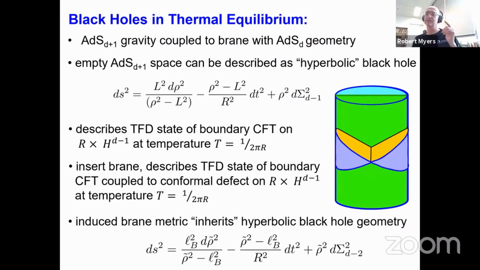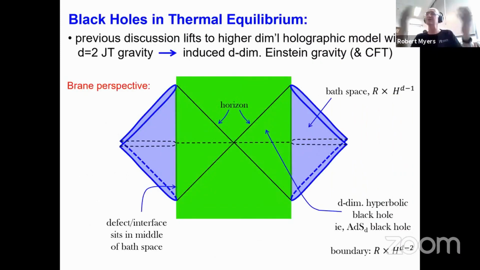Okay. So now we've got a system. It looks perhaps confusing, but what do I have? Again, I said that the brane perspective was the important one. I've got a picture that looks very much like the pictures I had before. I've got a gravity region. In that region, I've got something that looks like a black hole, perhaps a topological black hole.